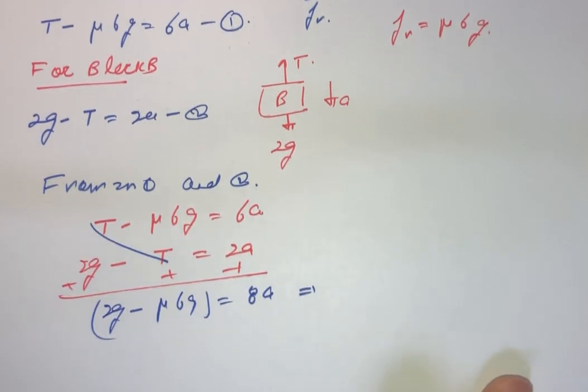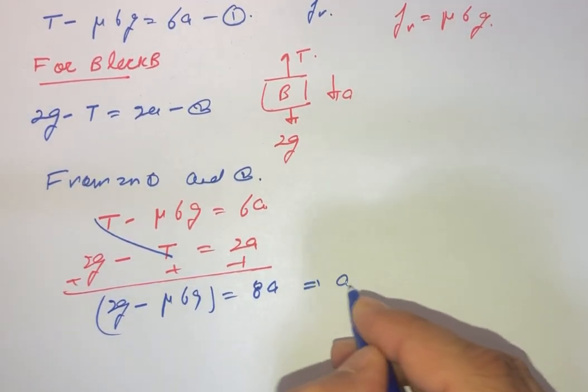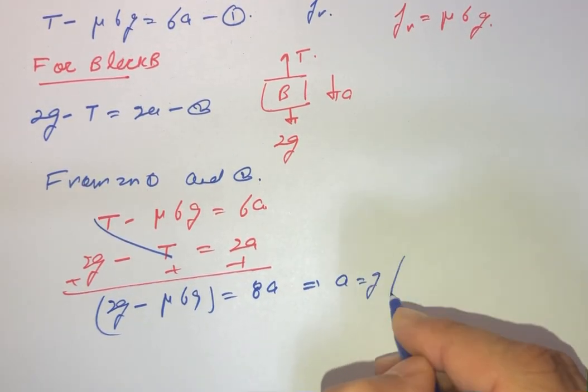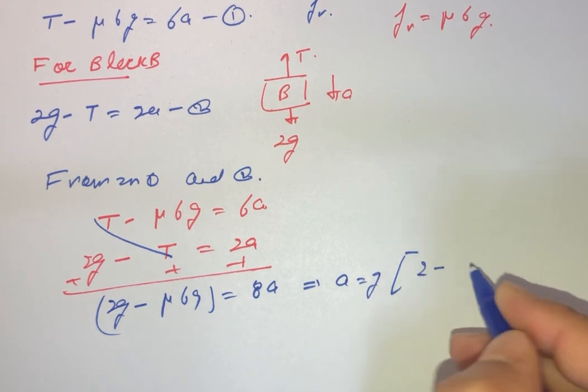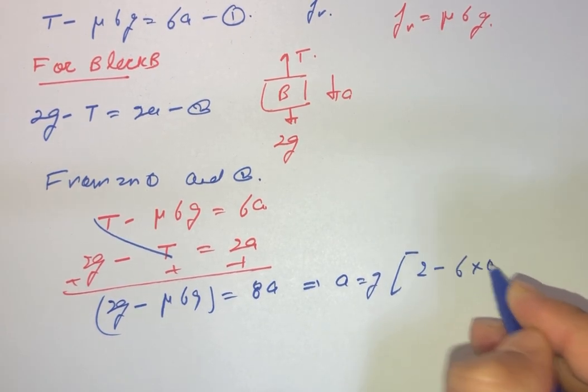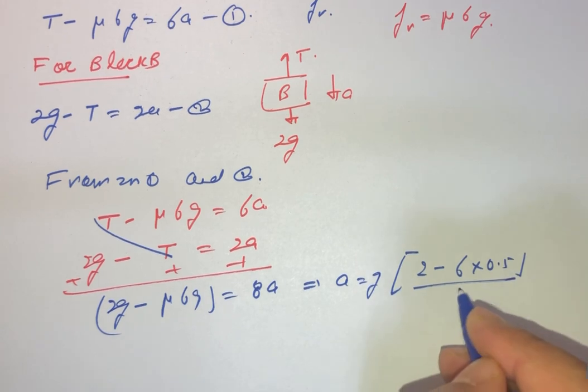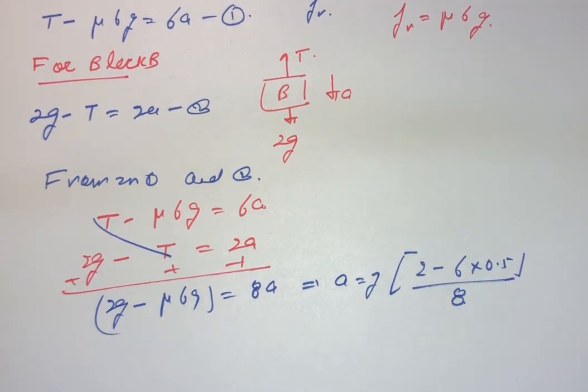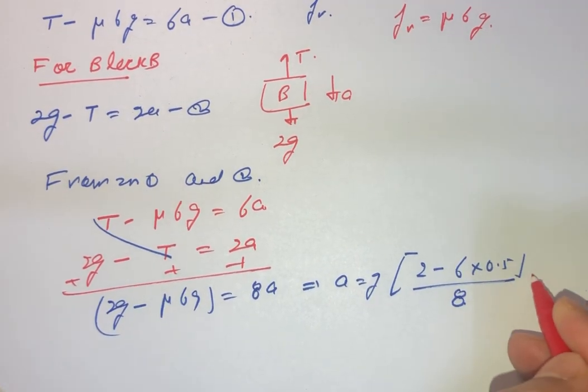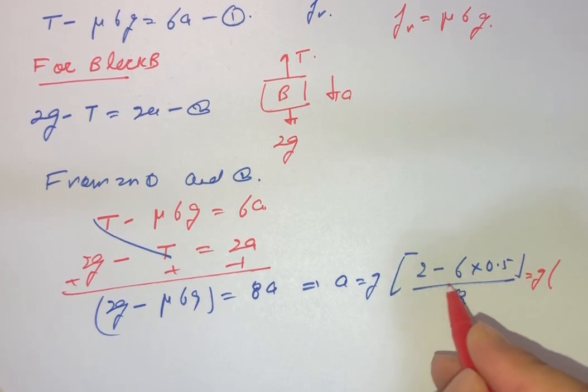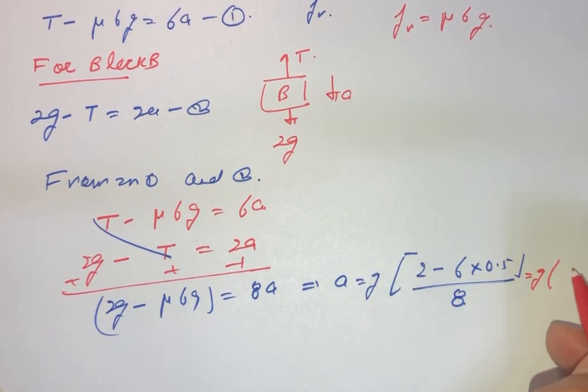From here we can find out the value of a. Taking g as common, this will be 2 minus 6 times 0.5, divided by 8. So we can write this as g times (2 minus 3) divided by 8.